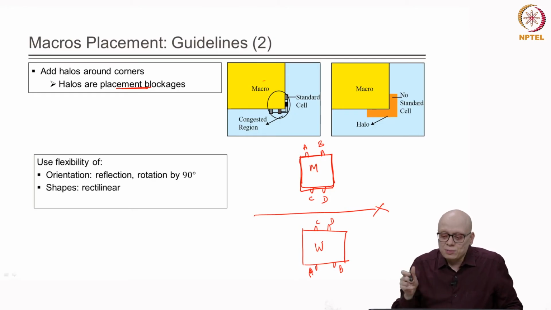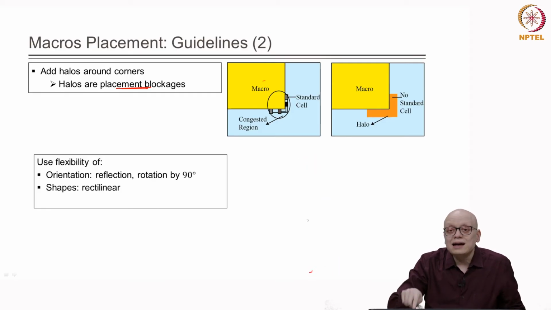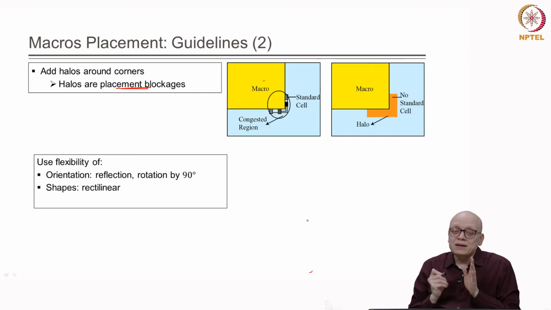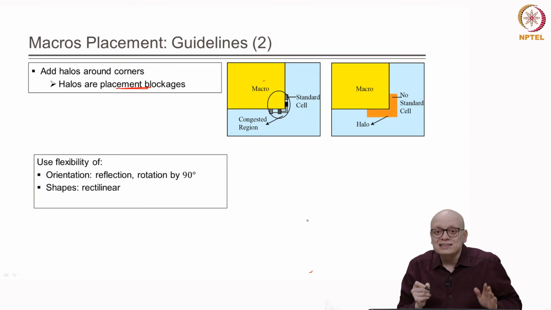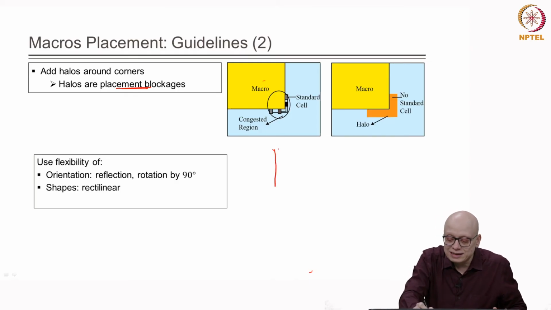Then we said that there are some flexible objects, meaning that their aspect ratio can be changed. There are many blocks whose shape can also be changed. Rather than a rectangular shape, they can have a rectilinear shape. For example, this is a rectangular shape.